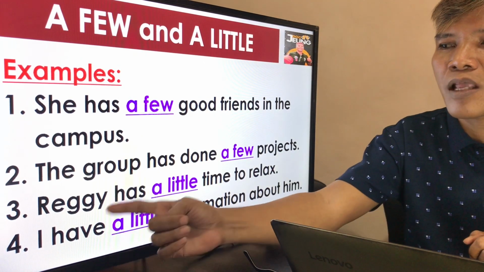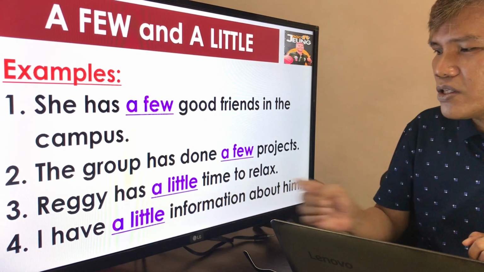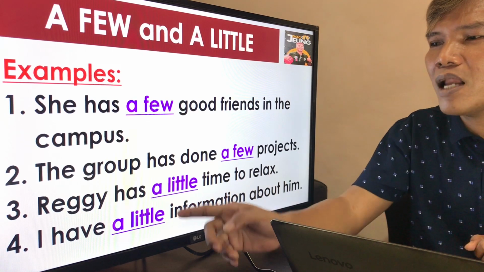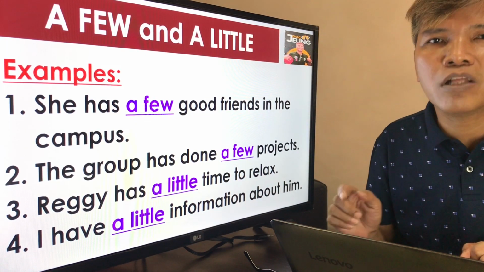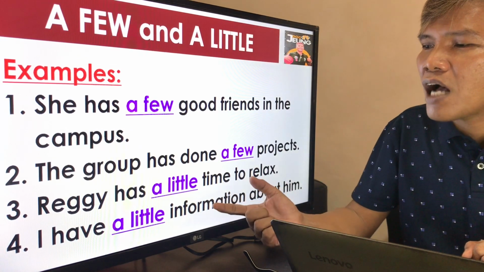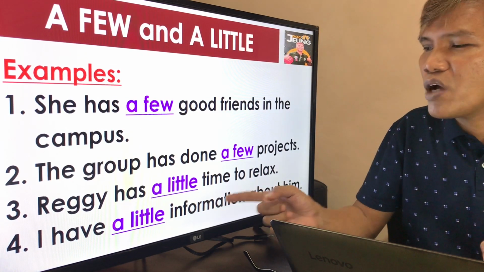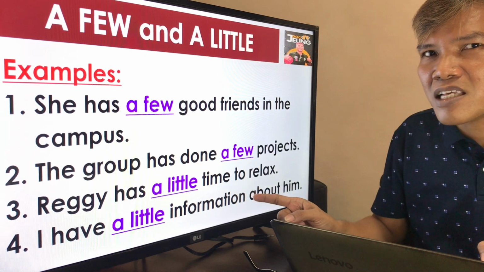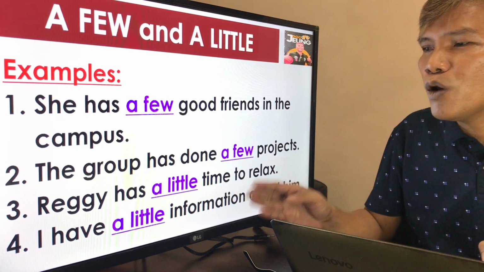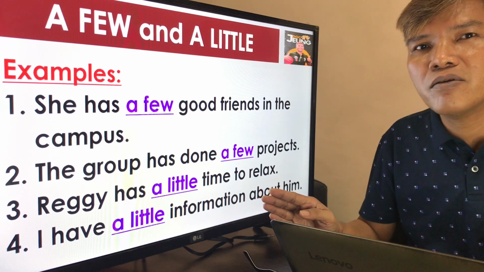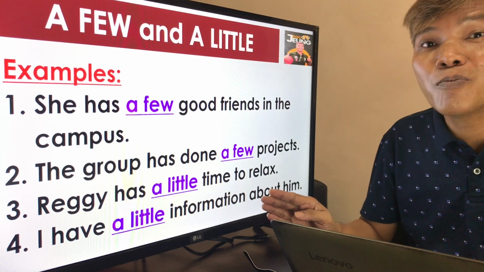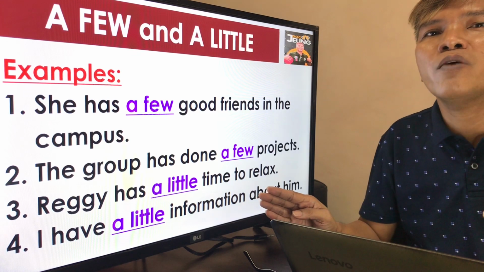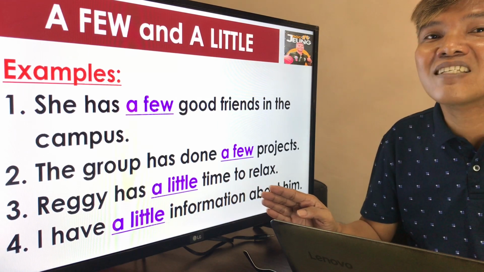Number 4, I have a little information about him. Why a little? The same with time. Information is uncountable. It is a noun that cannot be counted. That's why we do not add s to information, because uncountable nouns do not form plurals. We always categorize them as singular.